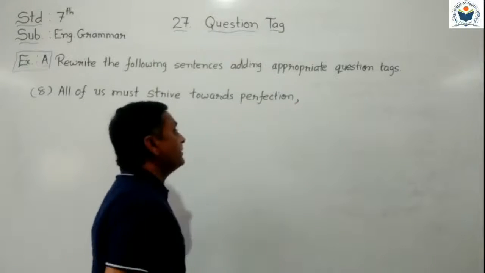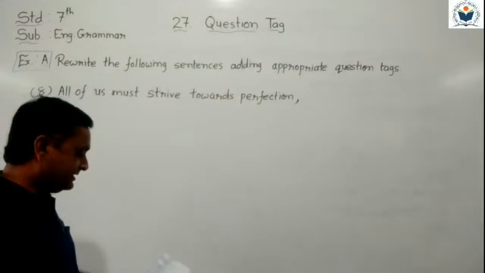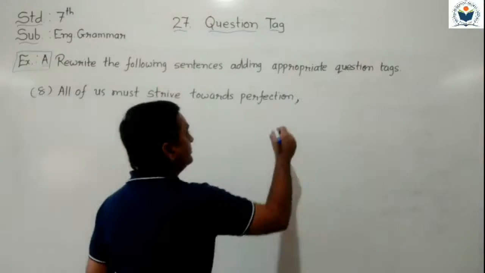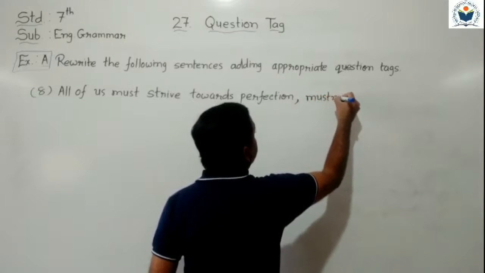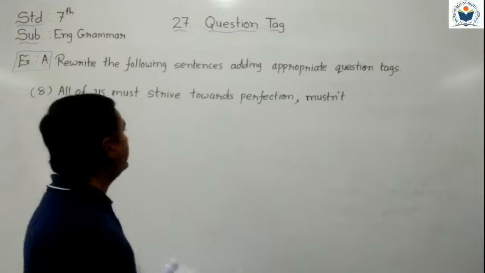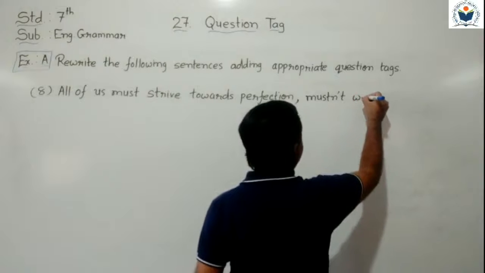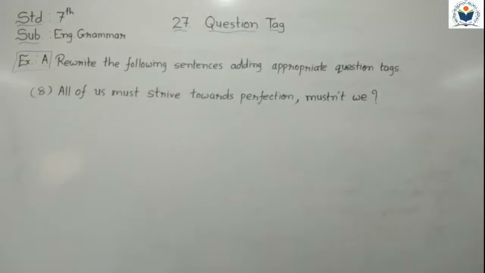After that you have to put a comma. Then see whether the sentence is in a positive sense or negative sense. The sentence is given in a positive sense because must is the helping verb here. So we have to write the negative form of must: mustn't. Then all of us. We are talking about all of us. Us means we. As a pronoun we have to add we here. So it should become: All of us must strive towards perfection, mustn't we?